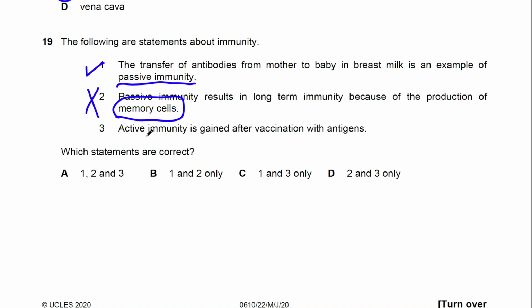Moving to 3, active immunity is gained after vaccination, and that's right. Yes, when we receive the vaccine, our white blood cells start building the antibodies, I mean the B cells. So this is active immunity, so we can say 1 and 3 are right. Which option? Yeah, it is C. So the right option here is C.